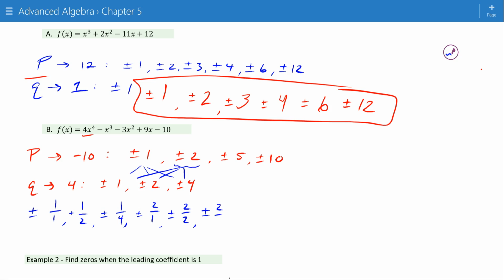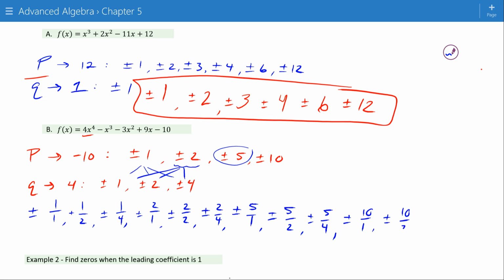So if you recognize that early, you might not have to list them all off. Go on to our 5, we got 5 over 1, 5 over 2, and also 5 over 4. And finally, our 10, 10 over 1, 10 over 2, and 10 over 4.